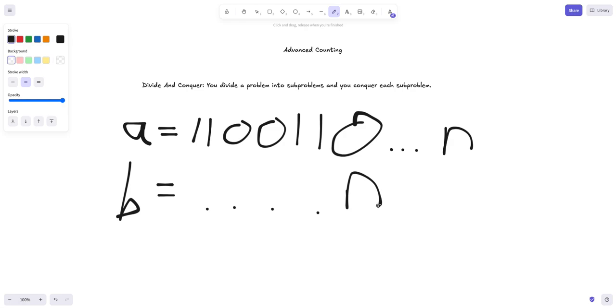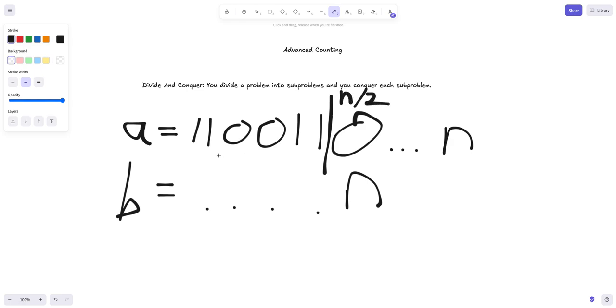To multiply these integers, one divide and conquer algorithm that we can use is to divide each of these binaries into two halves. Let's assume this is a division right here, and so this is going to be n over 2.